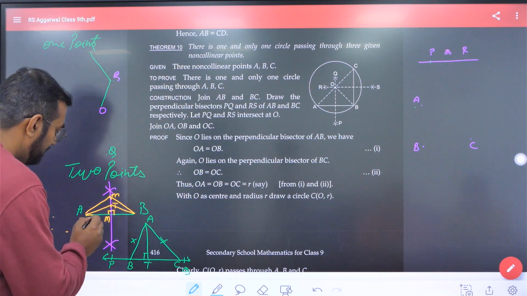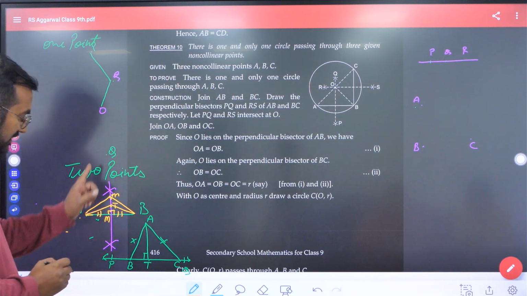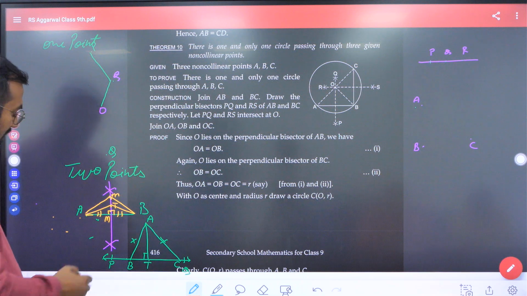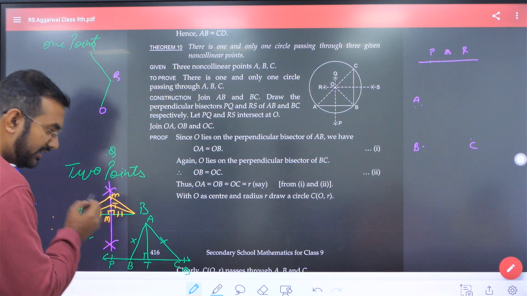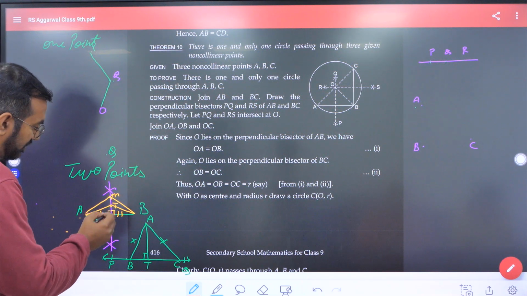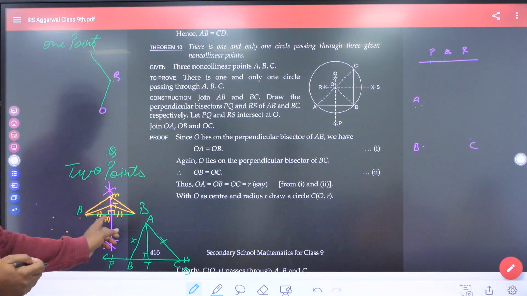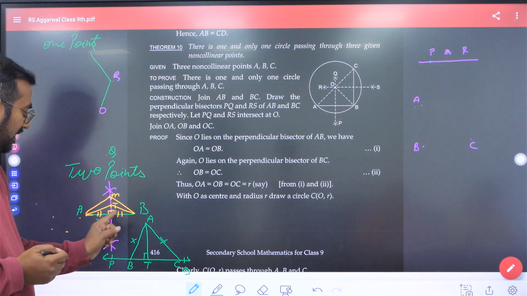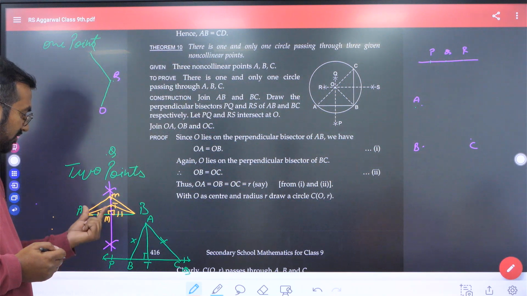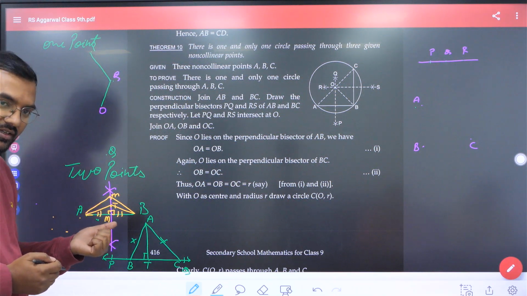How? AM is equal to BM because this line is the bisector, and these are 90 and 90, and TM is common. So by side-angle-side, these two triangles are congruent, so AT is equal to BT.